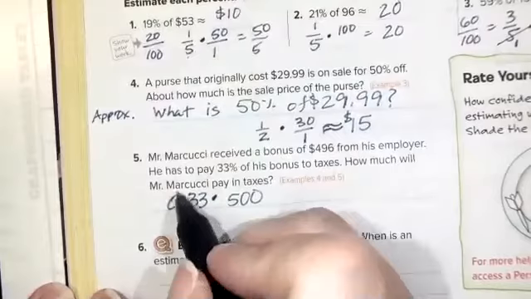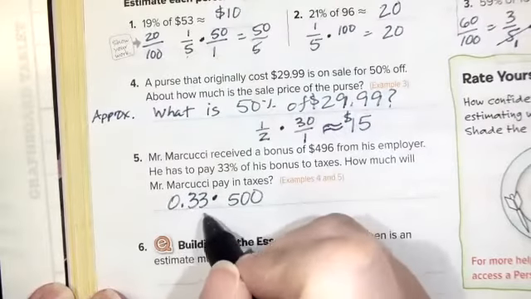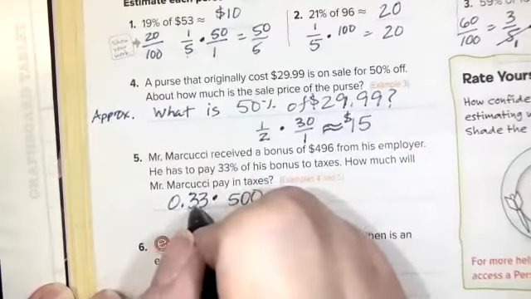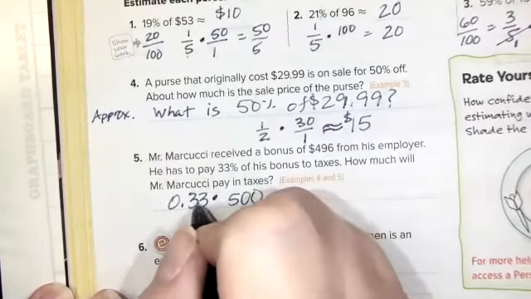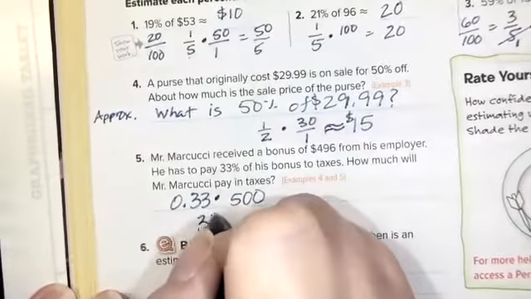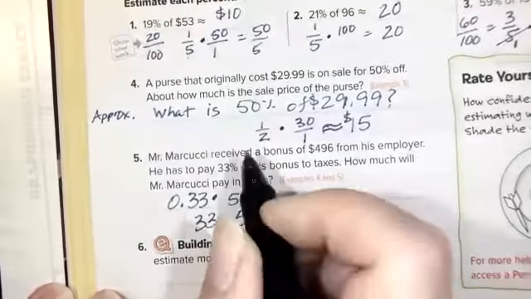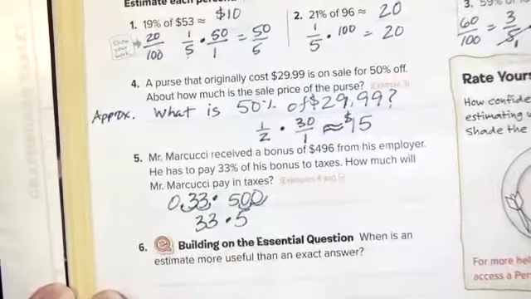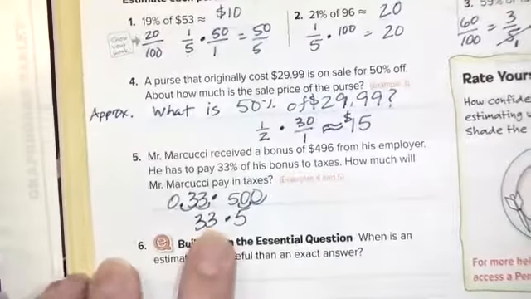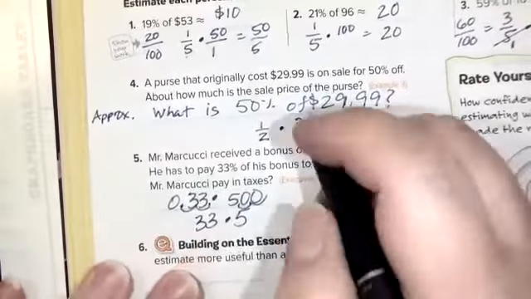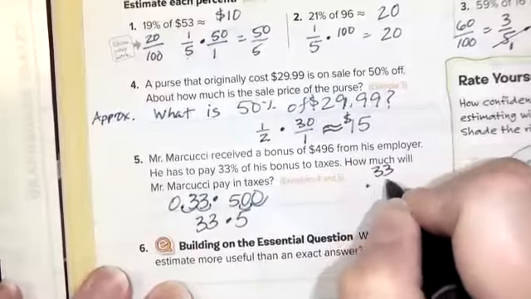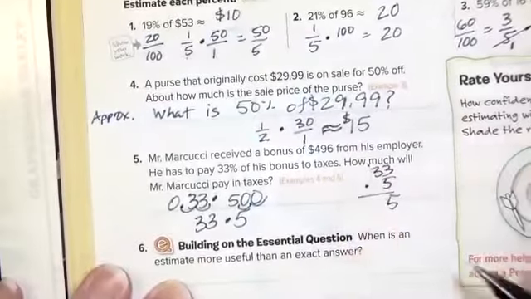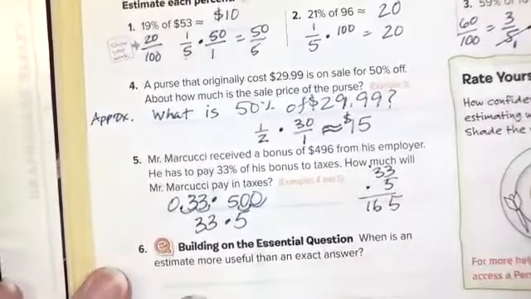And this would be equivalent to 33 times 5. So if I take that and multiply it by 100, I can divide this by 100 without changing the values. So 33 times 5, 15, carry the 1, about $165.